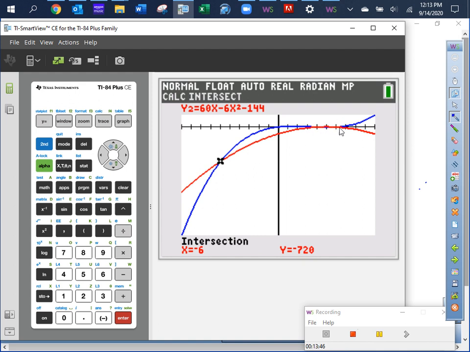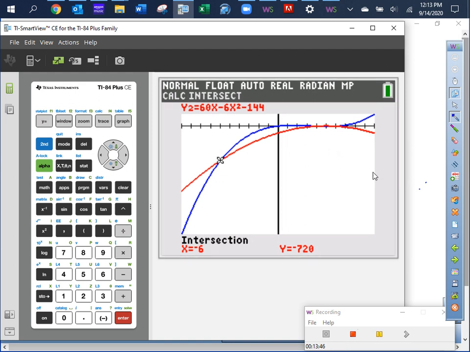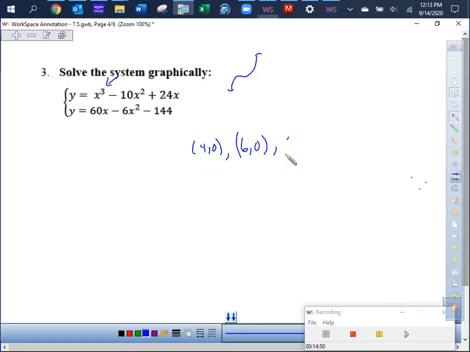You'll never see that there's two places right there. So I did the standard window first to see if there's anything normal, and then I said, all right, maybe I better zoom fit it to see if there's something wacky in this case. So that other one was at (-6, -720). Sound okay?